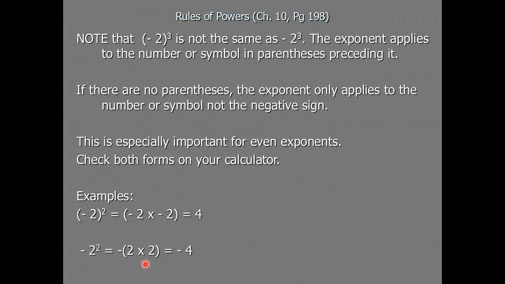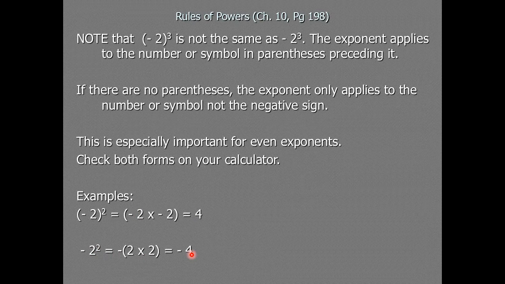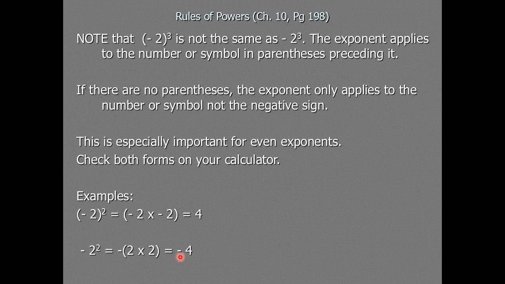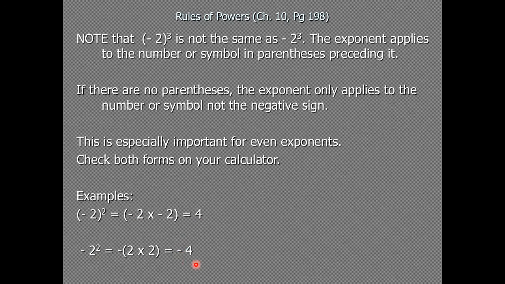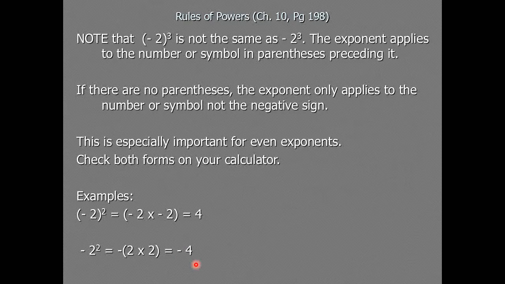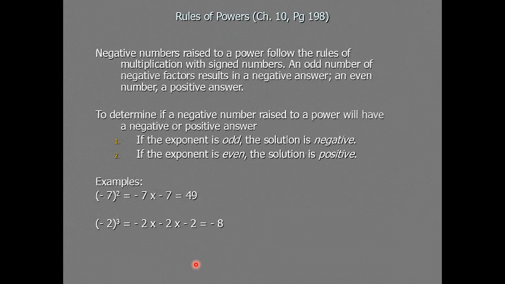So the negative sign remains the same, but you multiply 2 times 2, make it 4, which is negative 4. You see what I'm saying? So look at the difference here. You see the difference in the sign? So be careful. If there is no parenthesis, the square or power is not applied on the negative sign, okay?